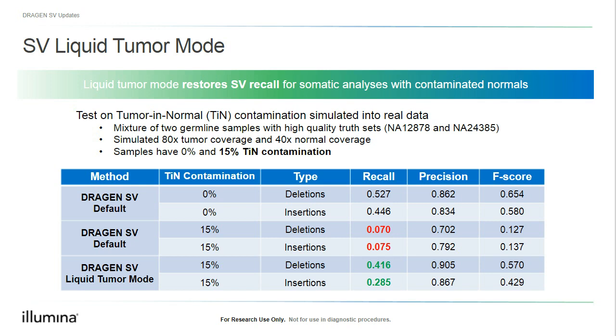However, when you turn on the liquid tumor mode, we account for that contamination, the model kicks in, and you can recover a lot of the loss that you had if you didn't have that model. We think this is important as we see more and more applications with liquid tumor samples.